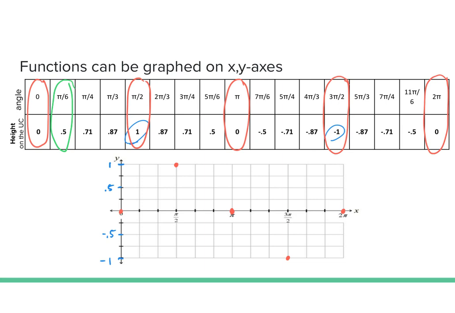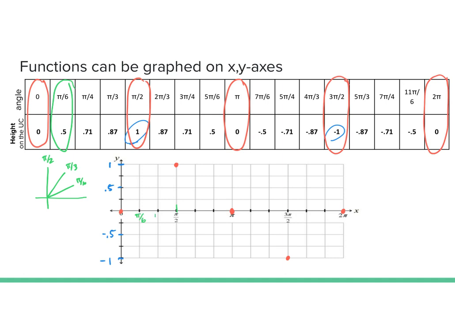We have to identify where pi over 6 is on this axis. Remember that what we're doing in that quadrant on the unit circle is we're dividing it into 3, and this is pi over 6, pi over 3, and pi over 2. Well, here's pi over 2 divided into 3. So my increments on this graph are pi over 6 increments.